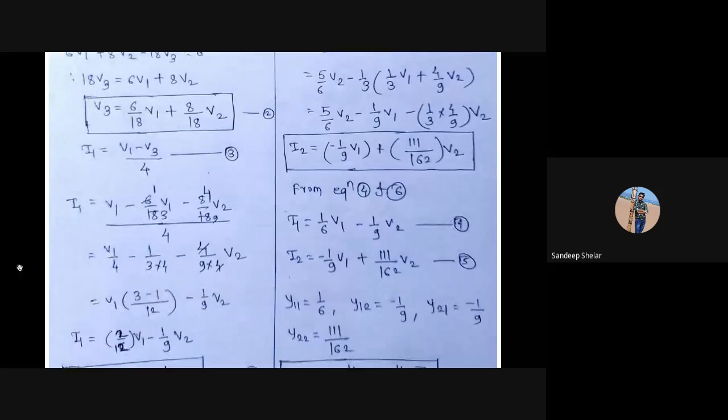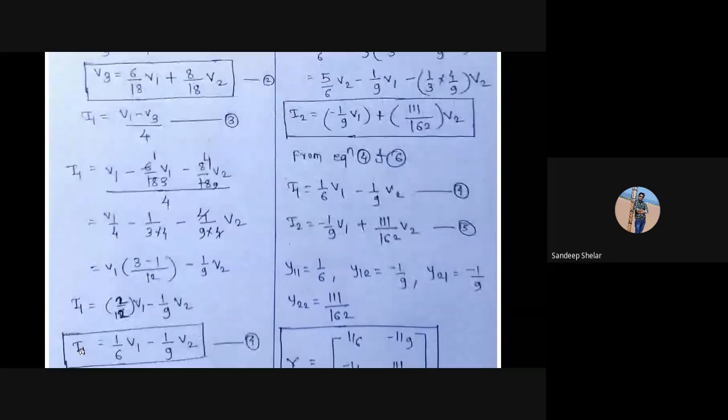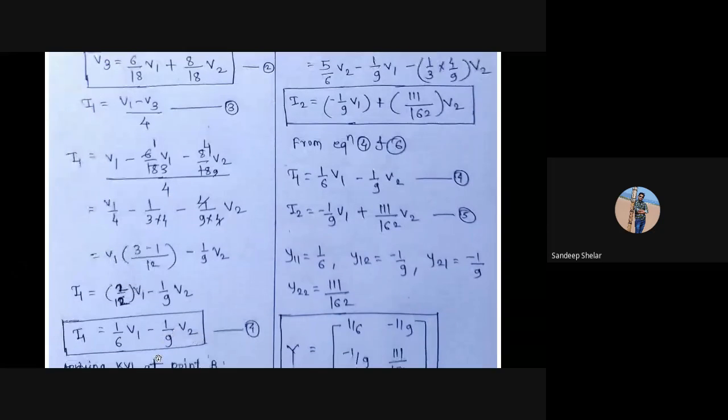Then we obtain I1 is equal to 2 upon 12 into v1 minus 1 by 9 v2. Then we obtain the current I1 is equal to 1 upon 6 v1 minus 1 upon 9 into v2. This is the current equation at point A.